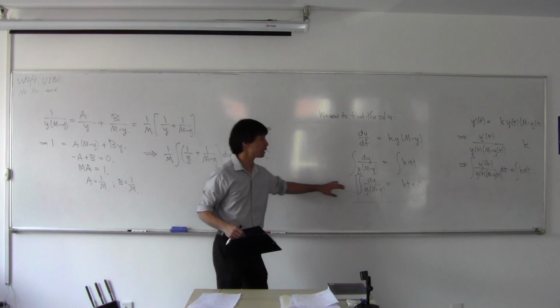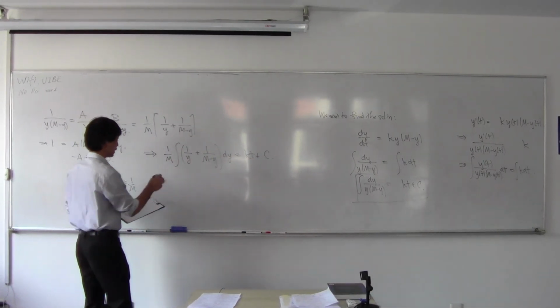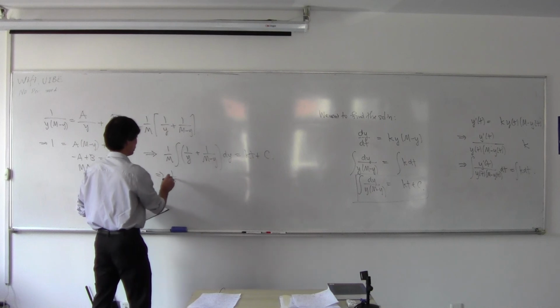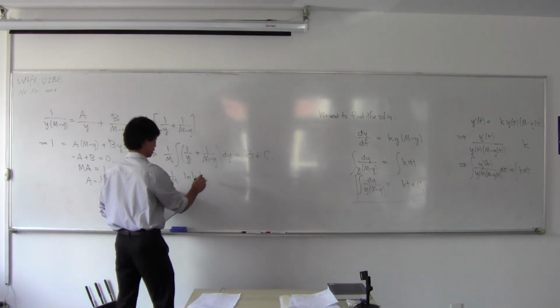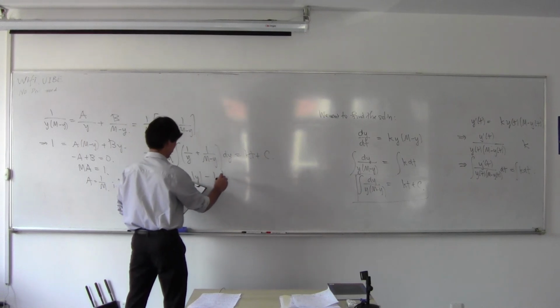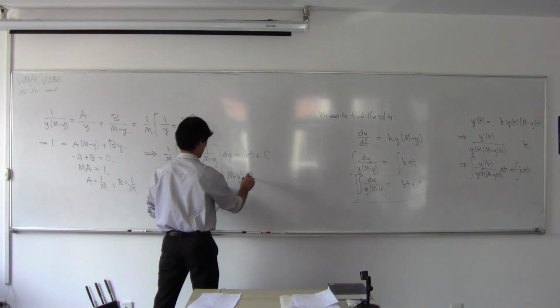So we're integrating this guy. And you see what you get: 1 over m times the natural log of the absolute value of y minus the natural log of m minus y equals kt plus c.